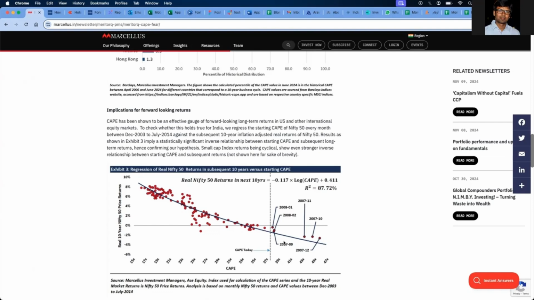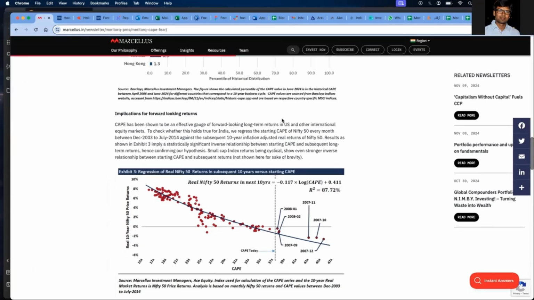So this is a great way to set the expectations realistic of what we can expect given the valuations. So I'll be doing a detailed discussion anyhow in a couple of weeks. So that will be a good insight.